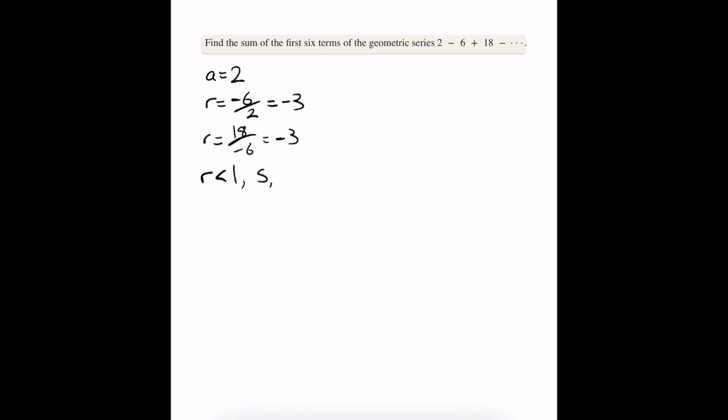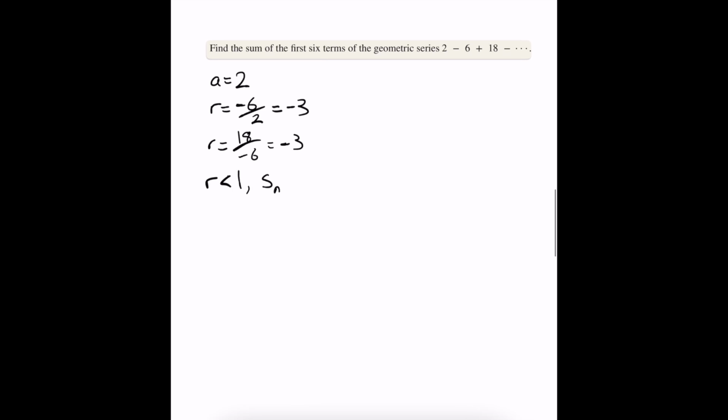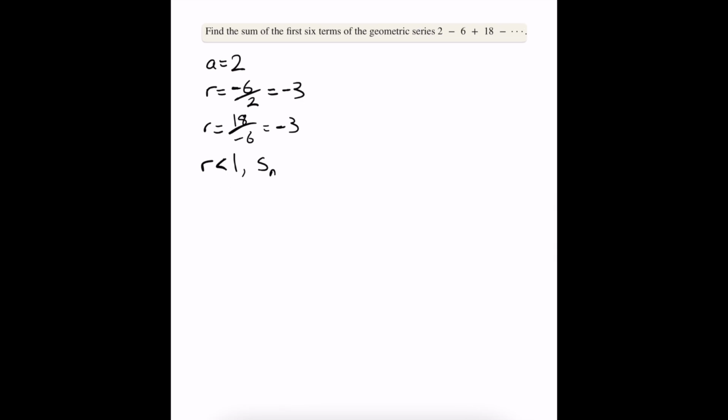So we should use this formula here, as it'll just be easier to deal with. And so we are summing the first 6 terms. So that means it's equal to 2 outside of 1 minus negative 3 all to the power of 6 over 1 minus negative 3.